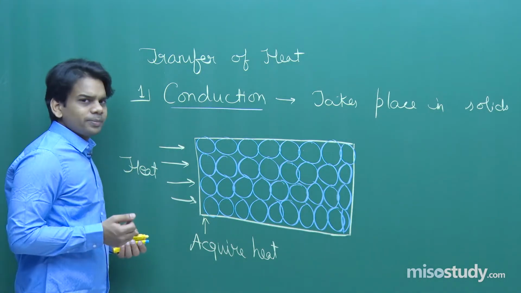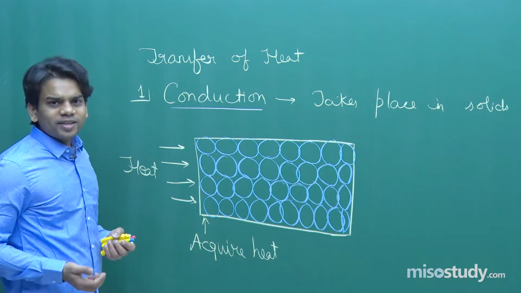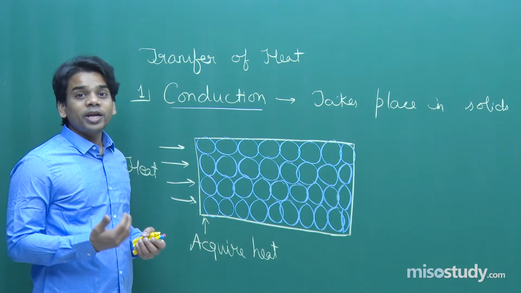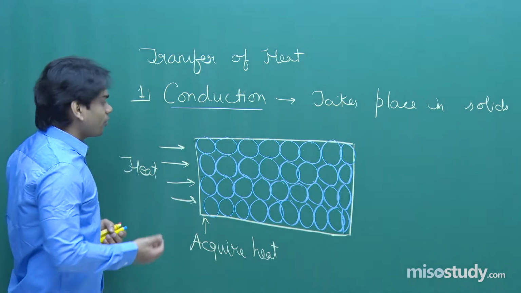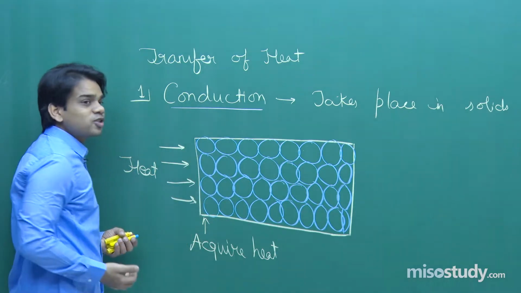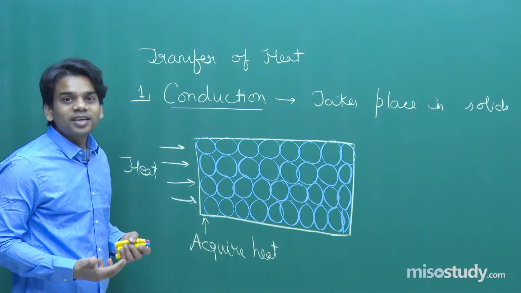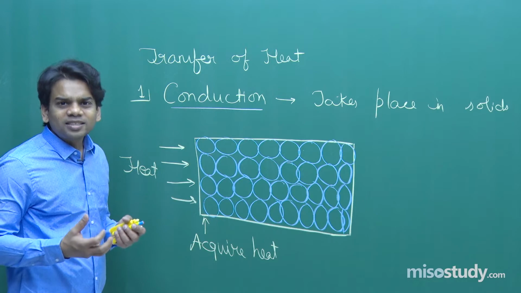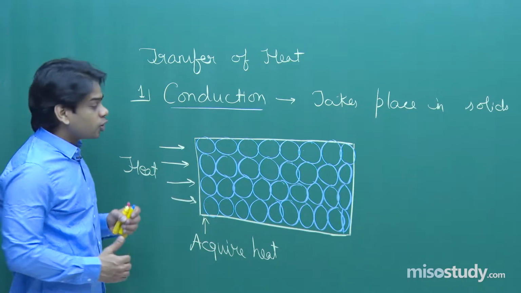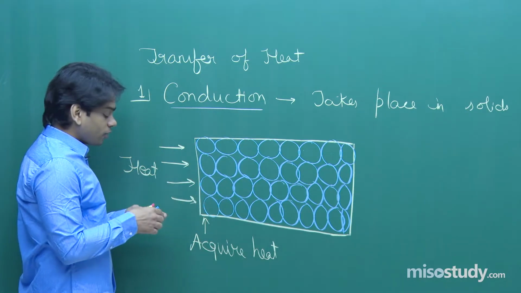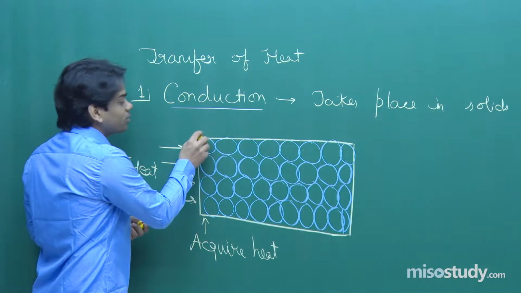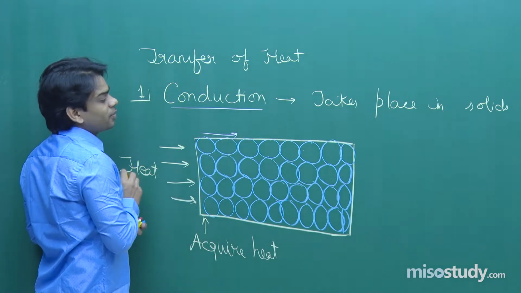So further, what will happen? It's going to acquire the heat energy and vibrate more randomly. As it vibrates, it's going to transmit its vibrational energy, or the heat energy that it has acquired, to the neighboring molecules. The vibrational energy will be transmitted to the next neighboring molecule.